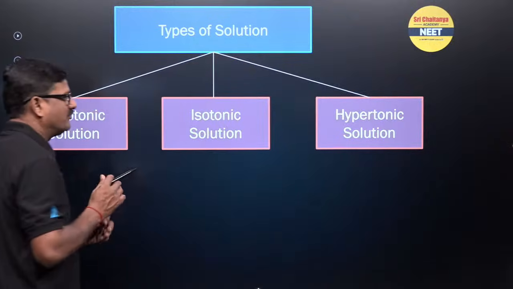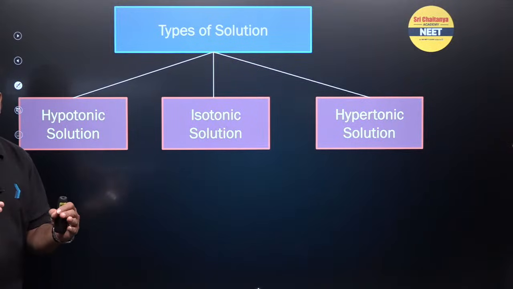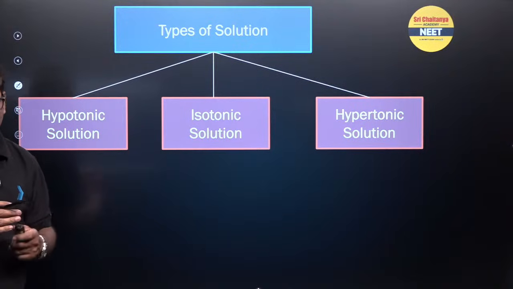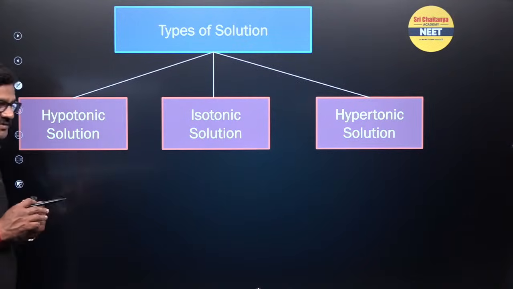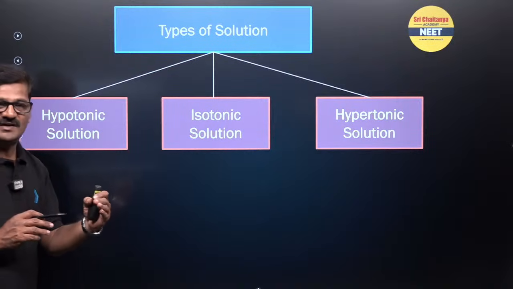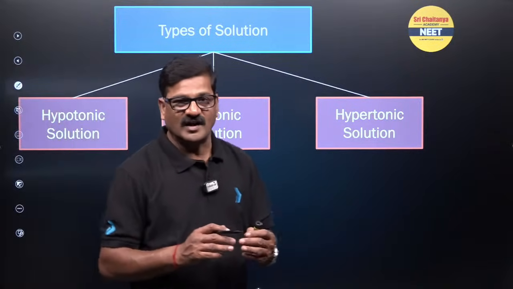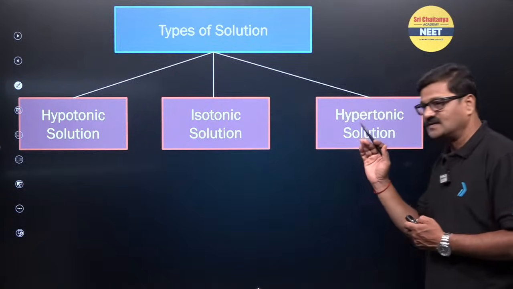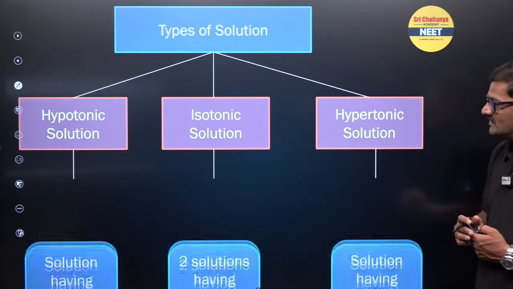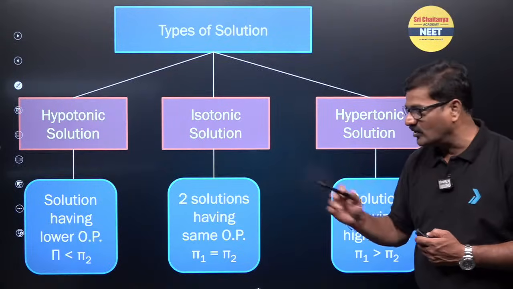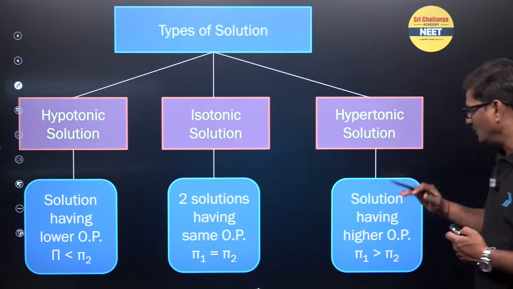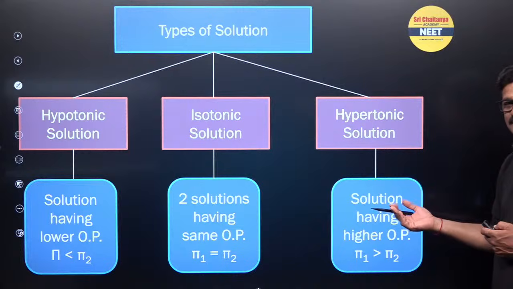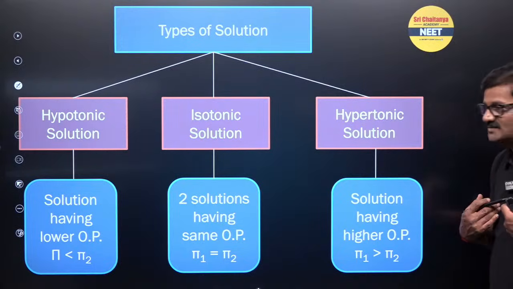Isotonic solution: the osmotic pressure of the solution is equal to that of the cell. Hypertonic solution: the osmotic pressure of the solution is greater than the cell fluid, and hypotonic is less than that. So one solution has lower osmotic pressure, the other has higher osmotic pressure.